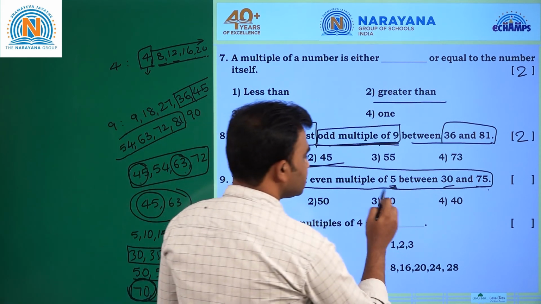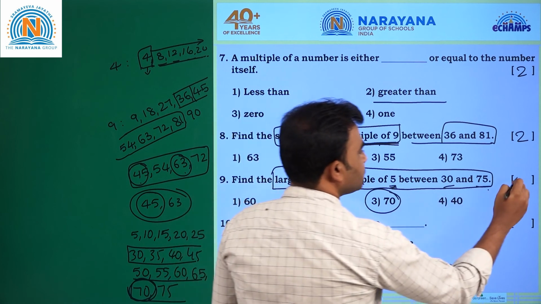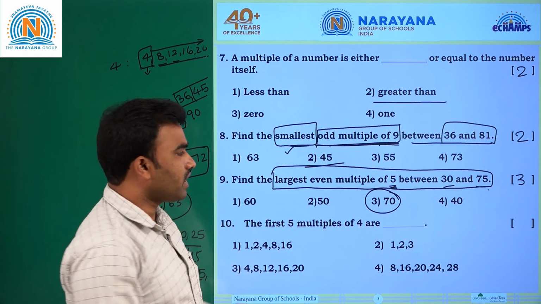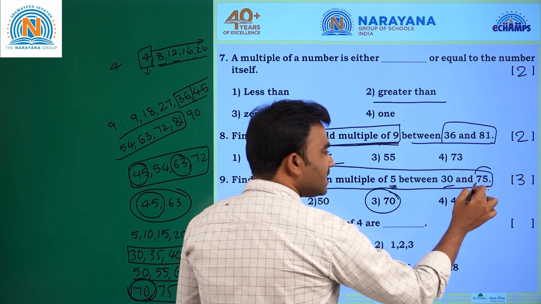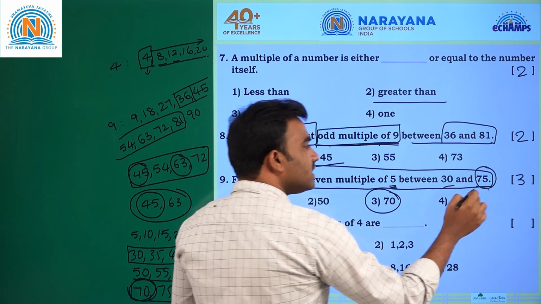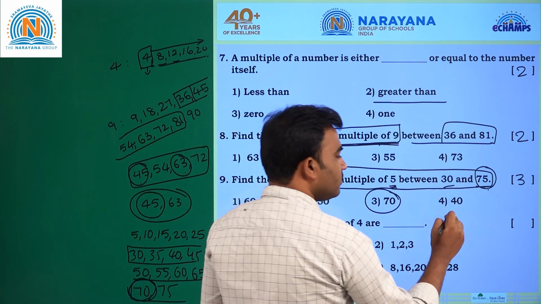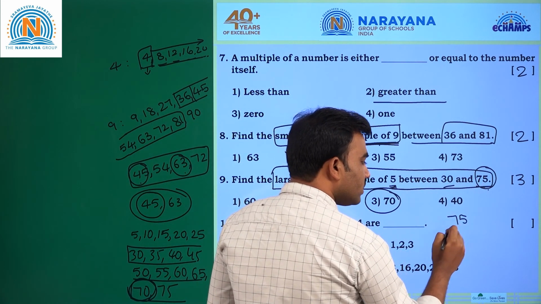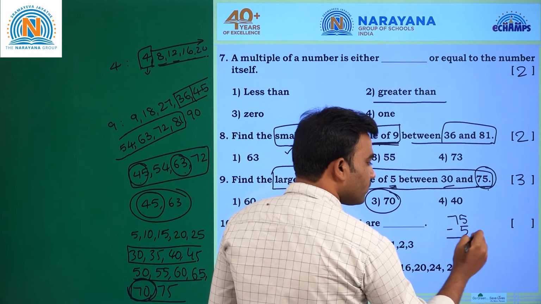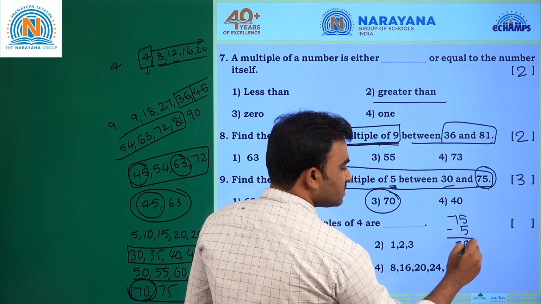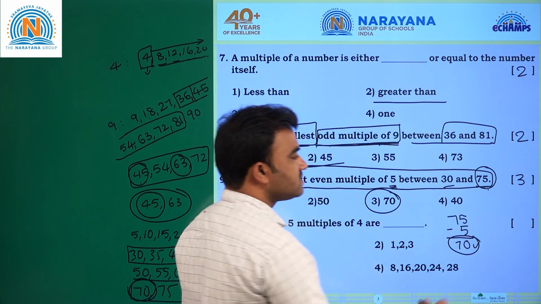So the answer is 70. Option 3. Or else you can simply subtract 5 from 75, because 75 is a multiple of 5. 75 minus 5 is 70. So this is our answer.